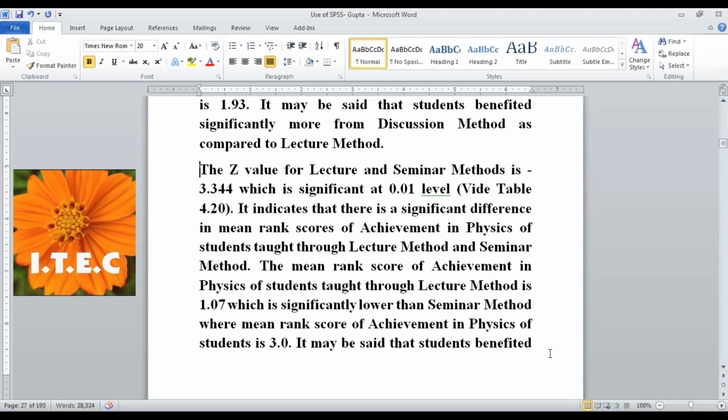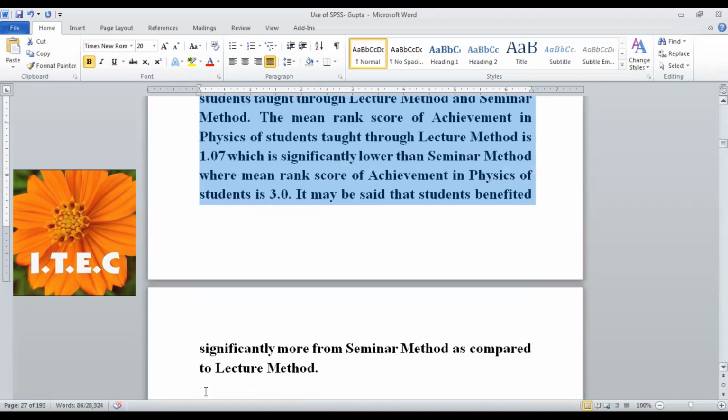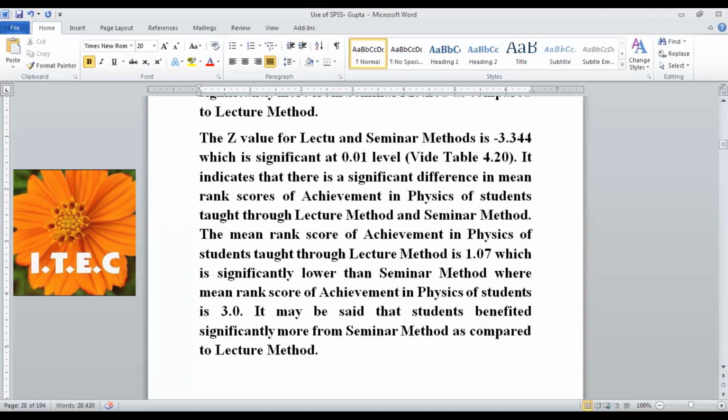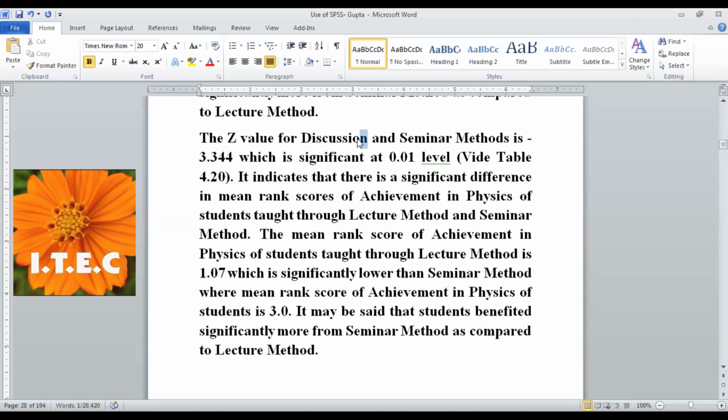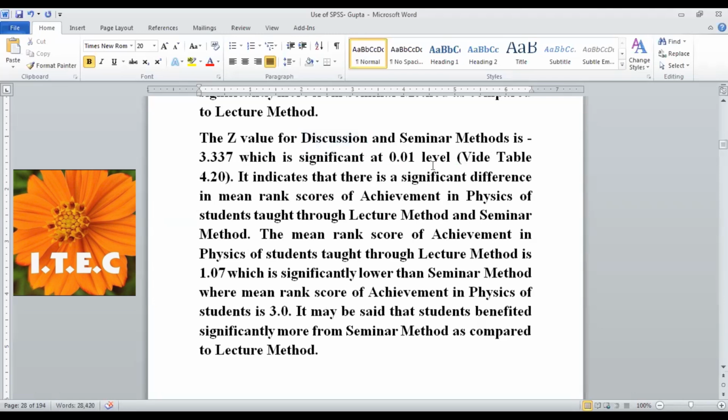So this is another way, right? Now, another, I copy and paste and make the changes. The Z value for discussion and lecture methods is 3.337, which is significant.